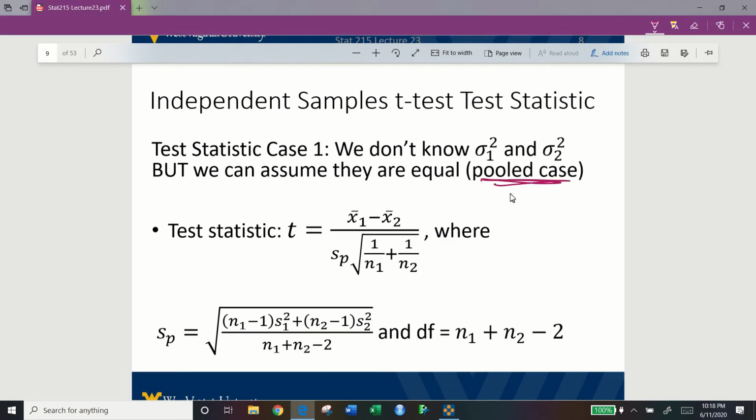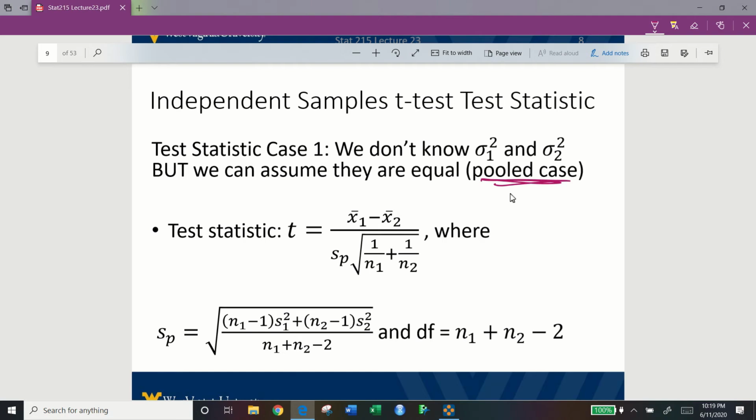Our test statistic will be t equal to x1 bar minus x2 bar, all divided by Sp multiplied by the square root of 1 over n1 plus 1 over n2, where Sp, our pooled standard deviation, is equal to the square root of the quantity n1 minus 1, multiplied by s1 squared, plus the quantity n2 minus 1, multiplied by s2 squared, all divided by n1 plus n2 minus 2.